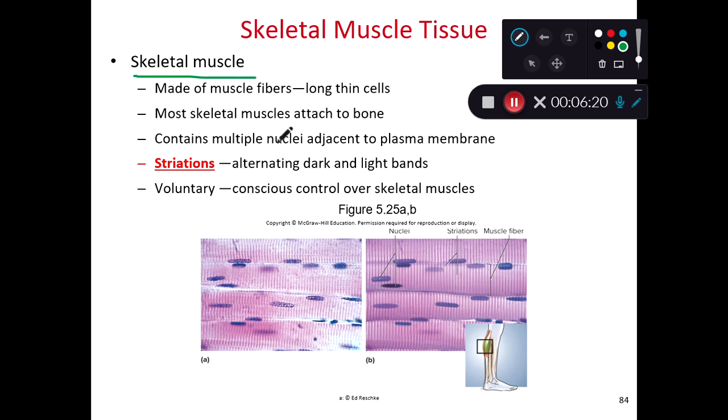Skeletal muscle tissue is by far the most common, and the skeletal muscle fibers are incredibly long. These muscle cells are referred to as myocytes. Sometimes they're referred to as muscle fibers as well, and they can be 30 centimeters long in some instances. So they can be long enough that you can see the length of it with your naked eye.